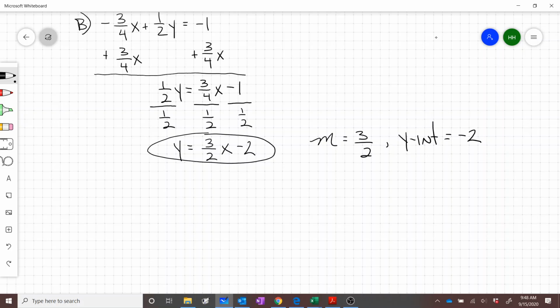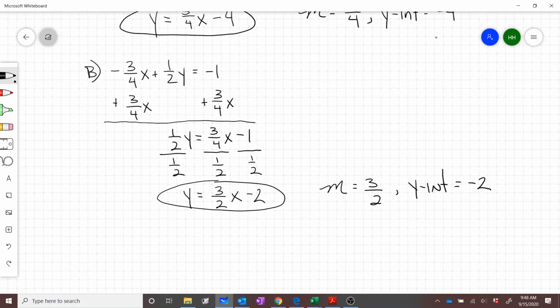All right, and then the last thing you're going to have to do in this section is you're going to be given the line in this form. The directions are going to be to graph the line. So if you're given the line in this form, you'll put it into slope-intercept form.